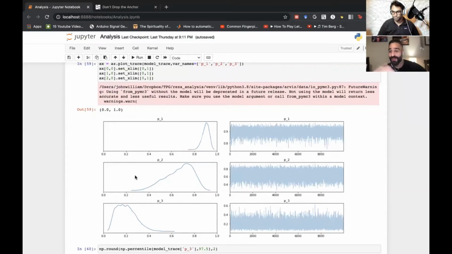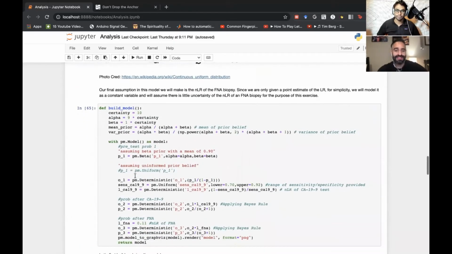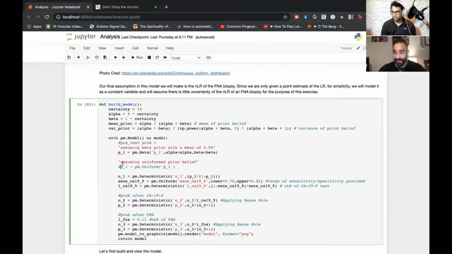Yeah. So we can do that in our model. We can go back and let's say we were to take these tests and run them on somebody we just randomly chose on the street, right? We could say, knowing nothing about them, we could change our prior belief they have cancer to a uniform distribution across 0 to 1.